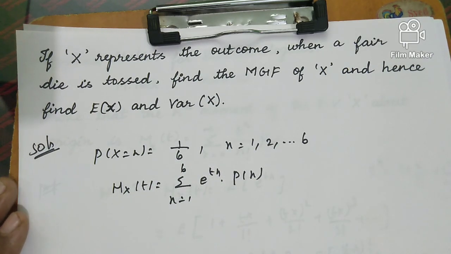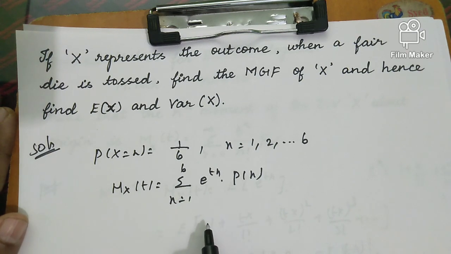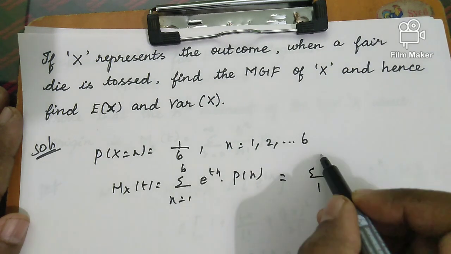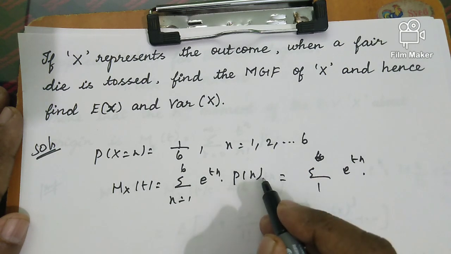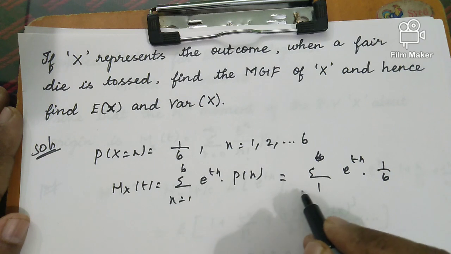So Mx of t equals sigma x equal to 1 to 6 e power tx into 1 by 6, where P of x is nothing but 1 by 6.